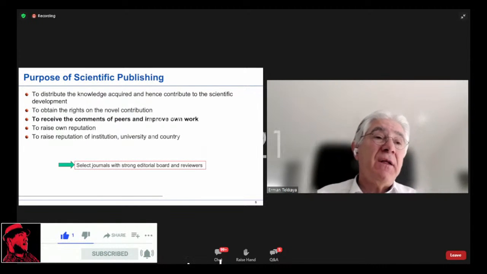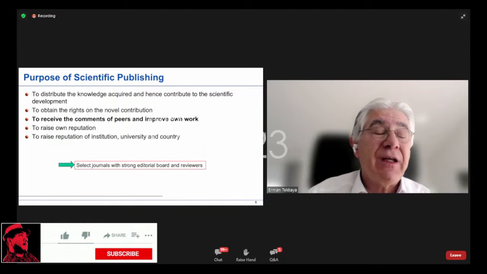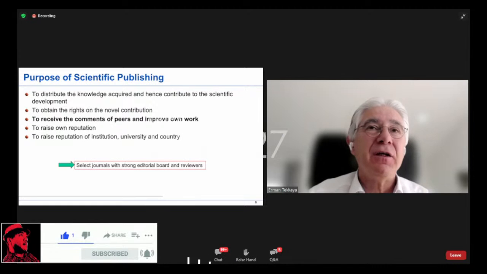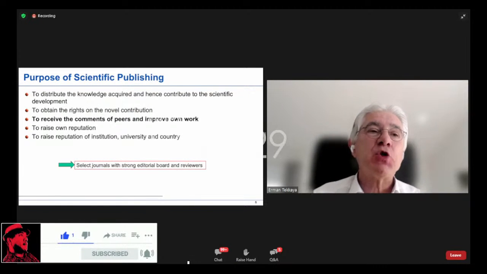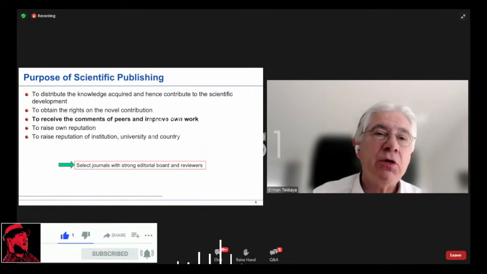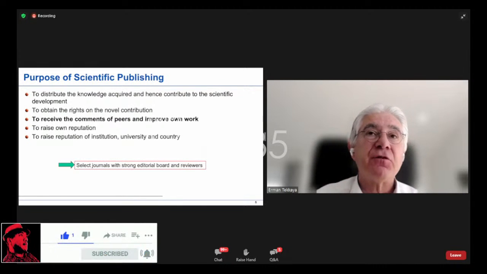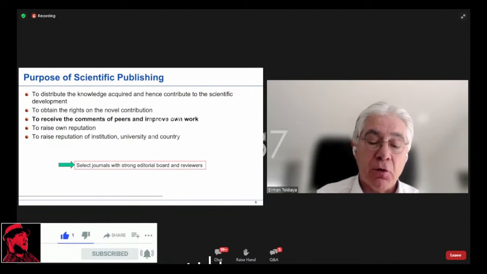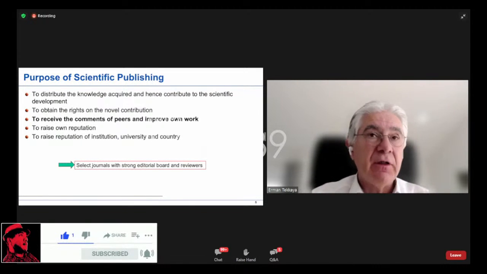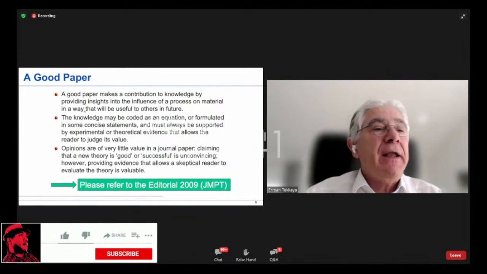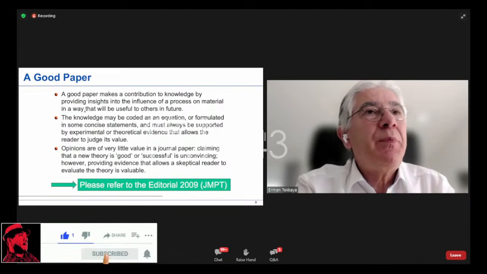So in that sense, it's extremely important to select a journal, not making an easy review, to select a journal with a strong editorial board, with strong reviewers, and making a tough review so that you can improve your work at the highest level. So then the question is, what is a good paper?